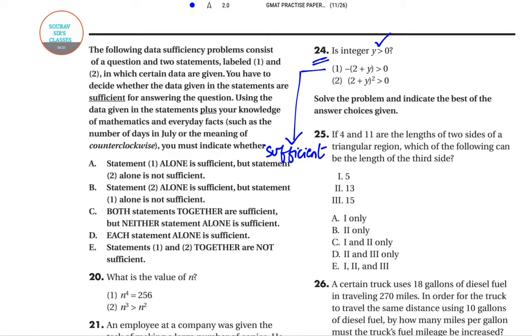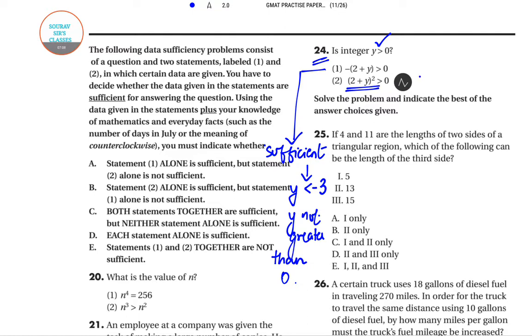Now how can you say this? Because this statement actually means that y is less than -3, which means that y is not greater than 0. Next is statement 2.